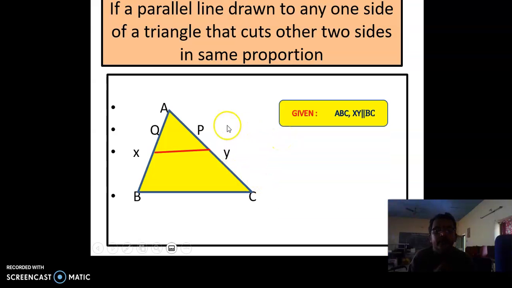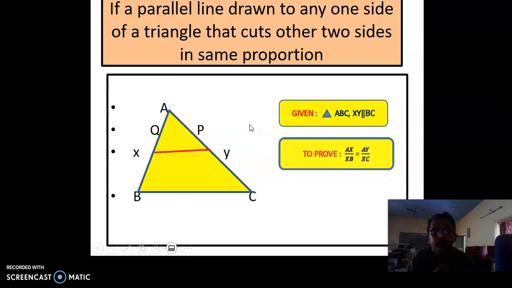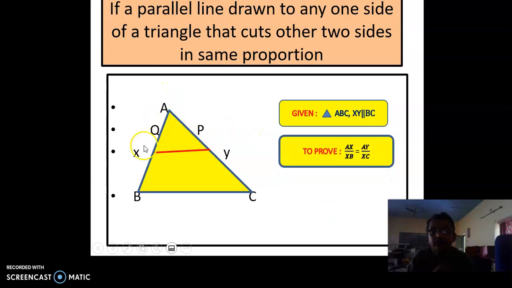So now what is given? Given we have triangle ABC and XY parallel to BC. This is given. What we have to prove? We have to prove AX by BX equal to AY by YC. Cuts the other two sides in the same proportion means XY cuts the other two sides AB and AC in the same proportion.